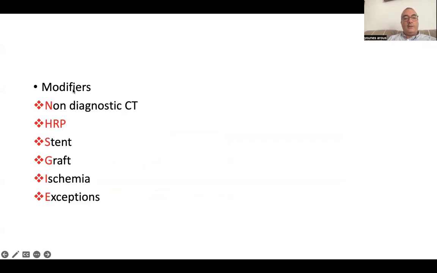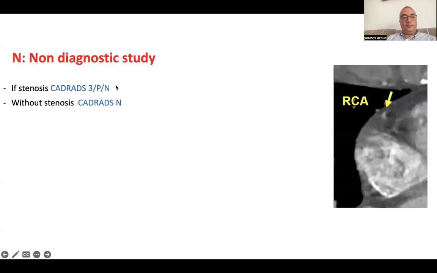For the modifiers, we can add N to the classification if the CT is non-diagnostic. We can add high-risk plaque. We can add S for stent, G for graft, I for ischemia, and E for exception. So if the CT is non-diagnostic, we can add N to the classification.